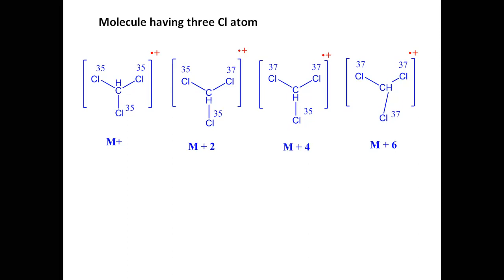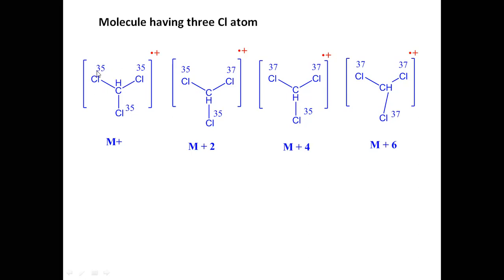Okay. One more possibility is in the last option, where all the chlorine atoms are the heavier isotope. The lighter isotope, which we call the common isotope, is 75% out of 100.